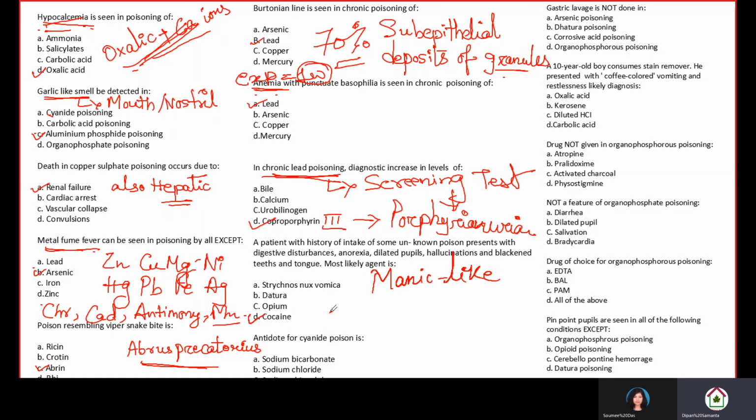Here they have given digestive disturbance, anorexia, dilated pupil, hallucinations. Obviously these are all features of cocaine poisoning.